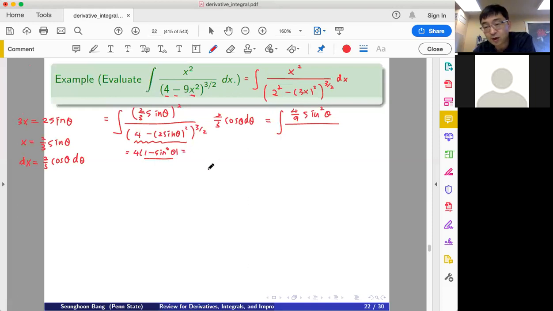What is 1 minus sine squared? Do you know the identity? 1 minus sine squared is cosine squared. So 4 times cosine squared, and 4 is 2 squared. So we have 2 squared cosine squared of theta to the power 3 over 2.